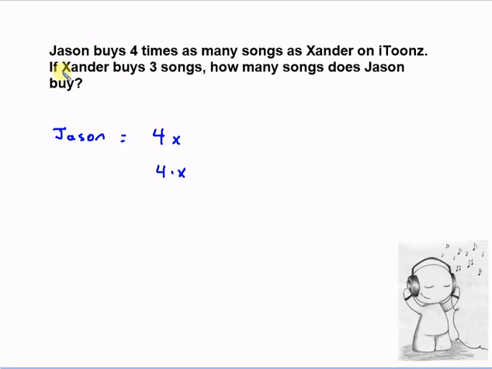Why, yes, it does. If Xander buys 3 songs, then how many songs does Jason buy? So we'll take 4 times 3. We've substituted our value of 3 for the X, and that gives us 12. So Jason bought 12 songs on iTunes. And that's our answer.